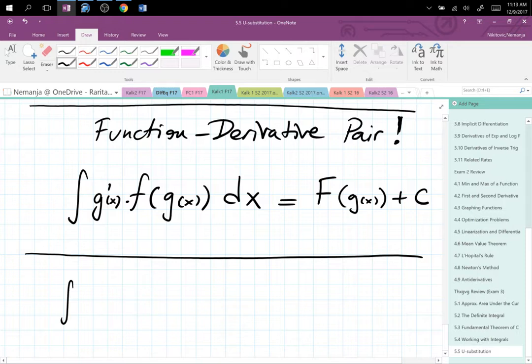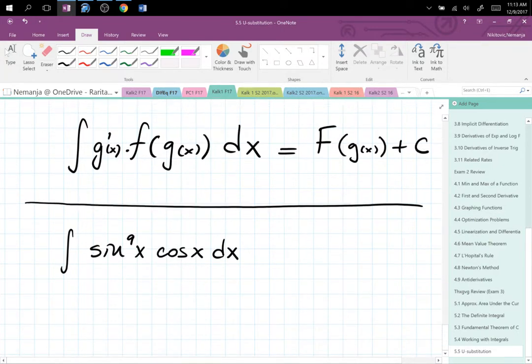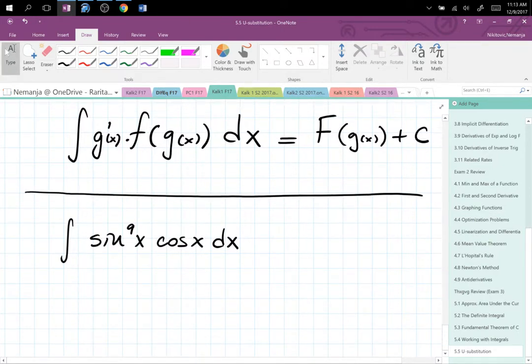Integral of sine to the 9x times cosine x dx. What would be the function that doesn't have its derivative pair, which has to be preserved and stay in the u sub integral?